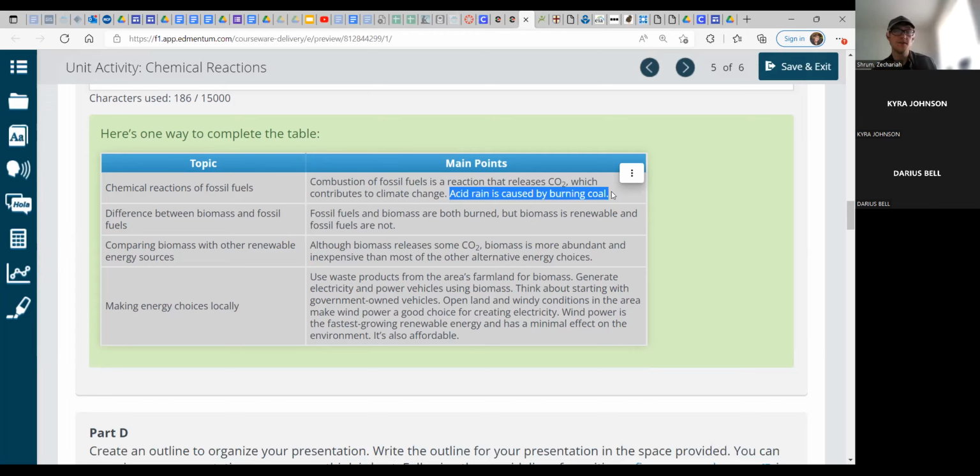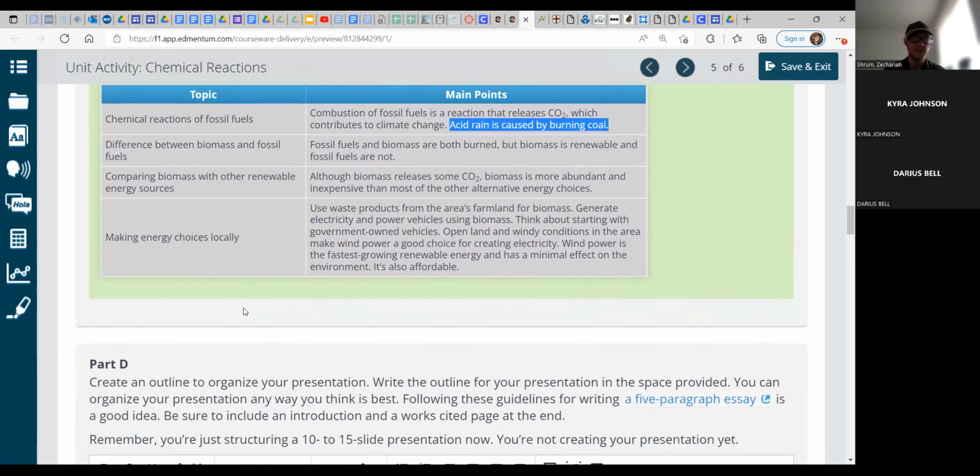Biomass is more abundant and inexpensive than most of the other alternative energy sources, they say. So combustion takes place, there's CO2 released. However, it's abundant and inexpensive if you're comparing it to some of those alternative energy choices.